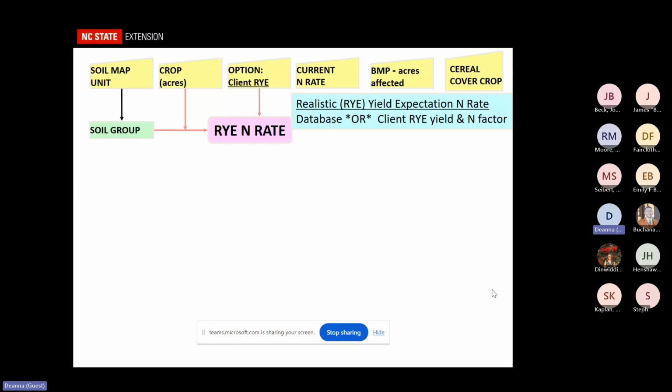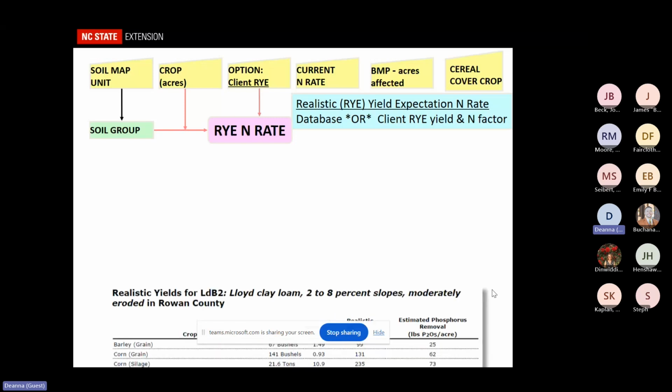And so we want to make sure that everybody's applying the right amount of nitrogen. And we've confirmed our realistic yield expectation nitrogen rates through a number of different experiments over the last 20 or 30 years. So you know how much nitrogen, and the amount of nitrogen that you need to apply is in a database. So if you say what the soil group is, the program automatically knows what the realistic yield nitrogen rate is.